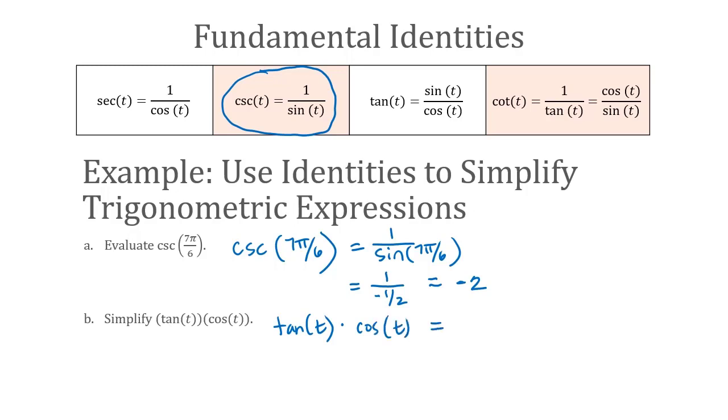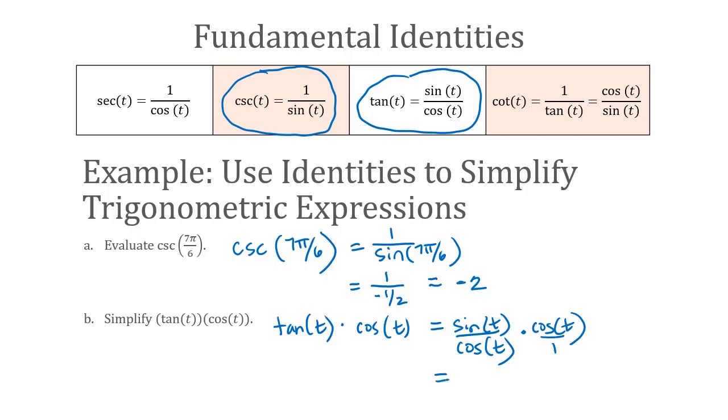So that's going to equal, let's see, the tangent of t is equal to the sine of t over the cosine of t, and I'm going to multiply that by the cosine of t. And that cosine of t is over 1, so the cosine in the numerator and the cosine in the denominator cancel out, and I'm left with just the sine of t. So that's one way of simplifying.